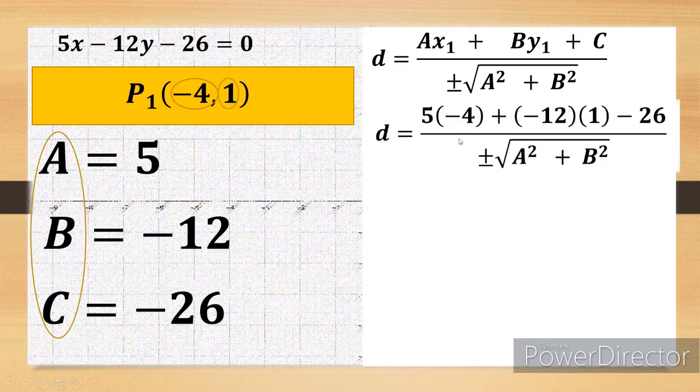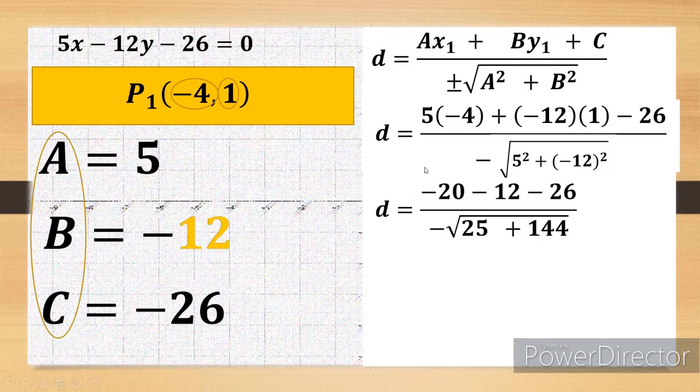Then, by substitution, we will be having a is 5 times x sub 1 is negative 4 plus b is negative 12 times y sub 1 is 1 minus 26 all over. So, again, our b is still negative 12. So, for the sign of our denominator, we will be using the negative sign. We have negative square root of 5 squared plus negative 12 squared.